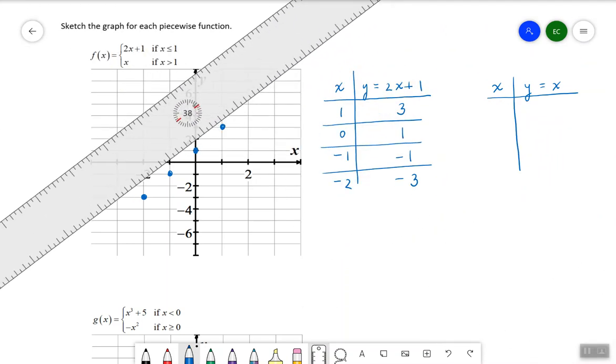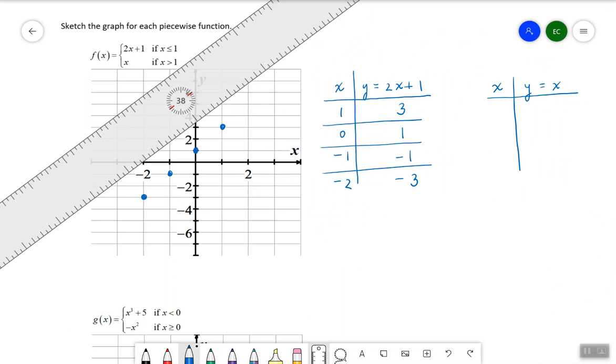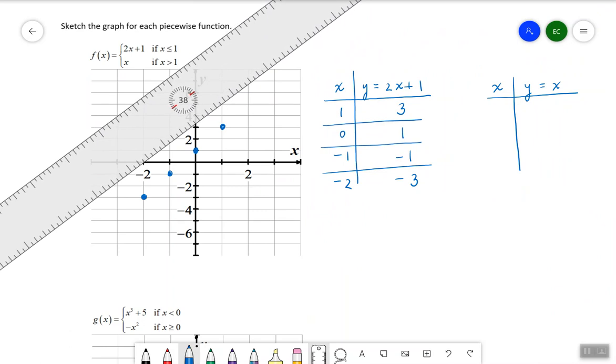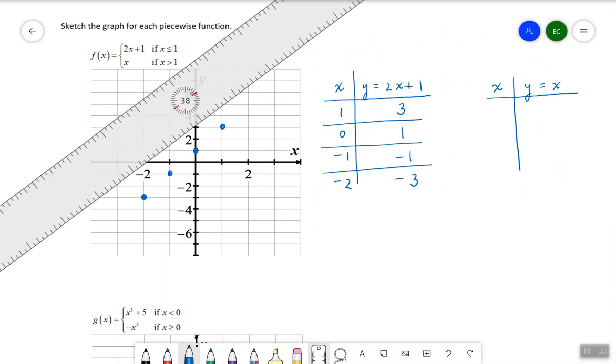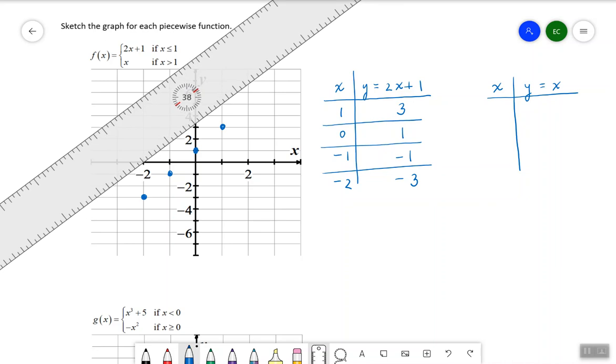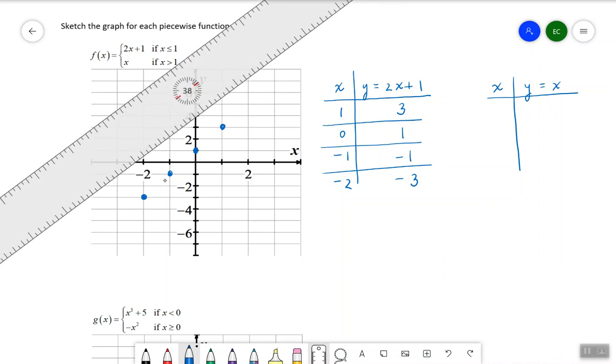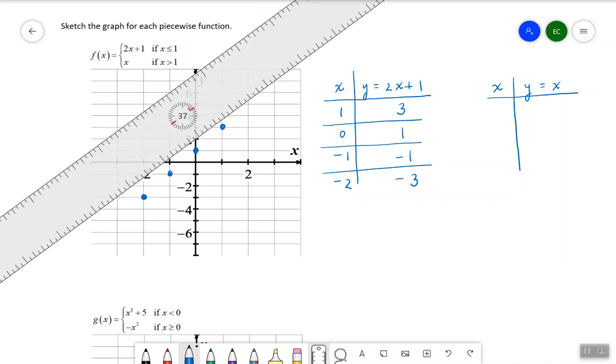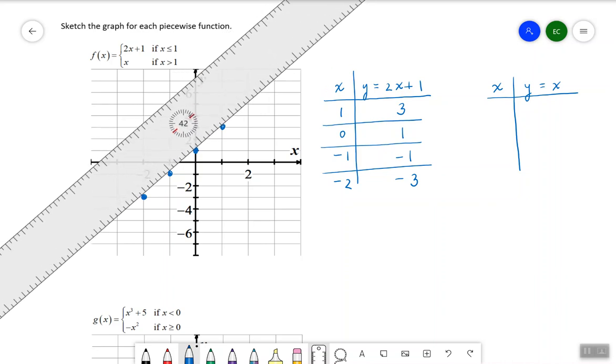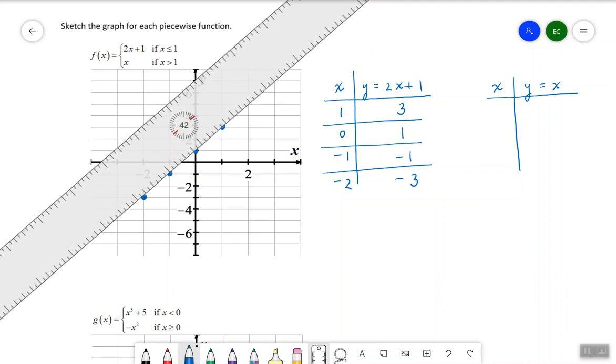You can also look at the graph and see that the y-intercept is right where it should be at y equals 1. You can also check that the slope from each point to the next is 2, just as it should be. And so then we can draw the line. And of course, we want to draw the line from x equals 1, back to the left.